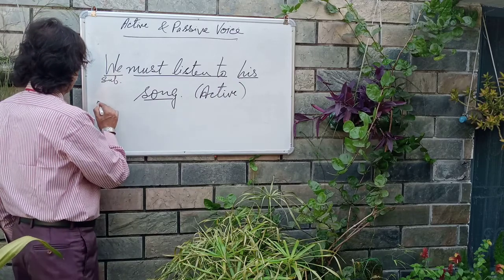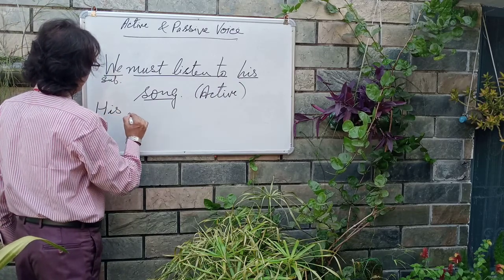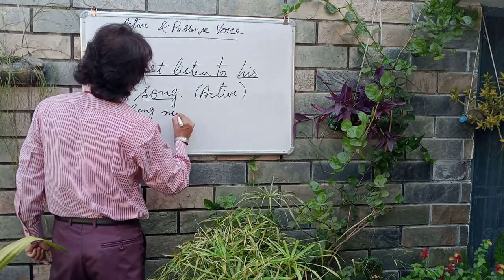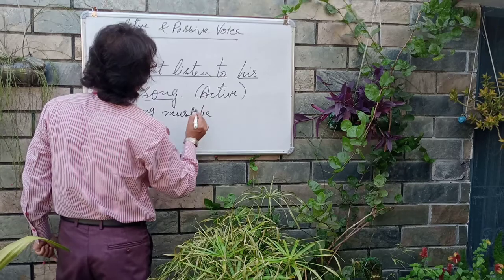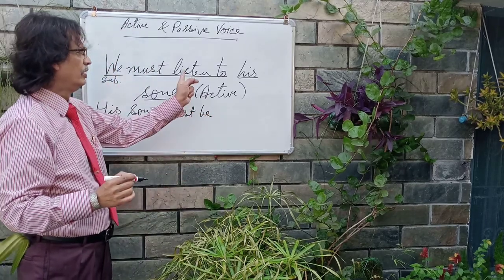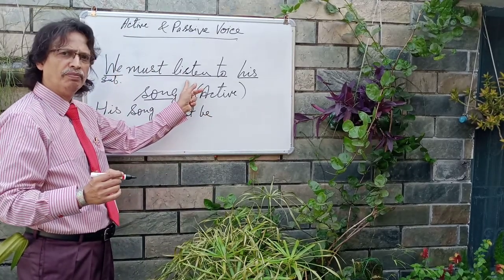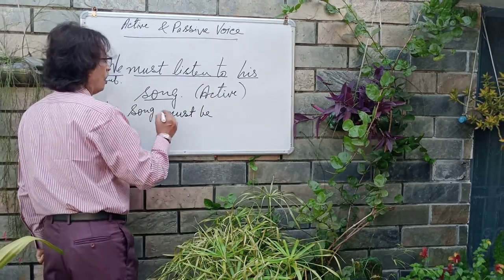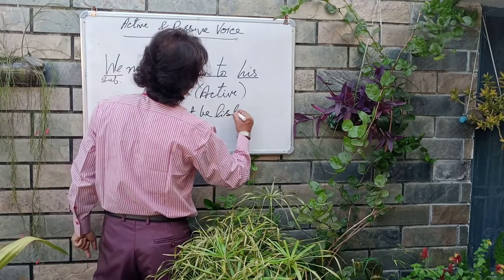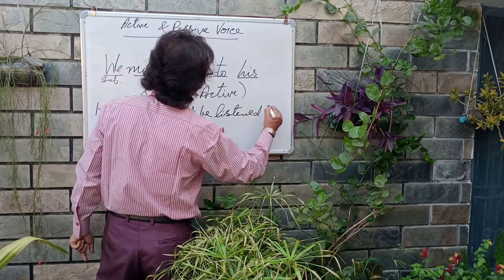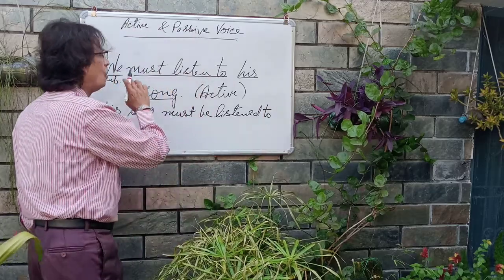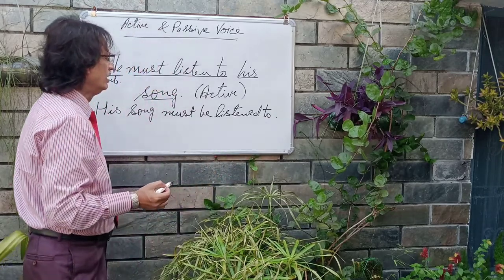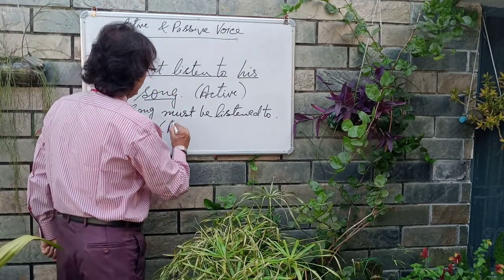So I will write: his song must be. Now the main verb of the passive voice, listen, will always be in the third form. His song must be listened to. There is no need of writing to because it is understood. So, his song must be listened to is the passive voice.